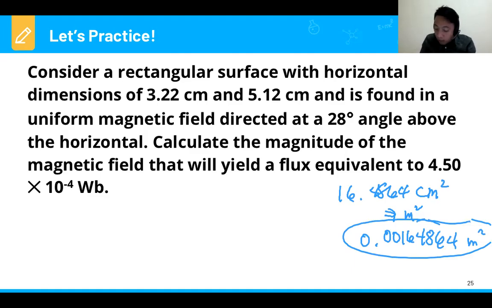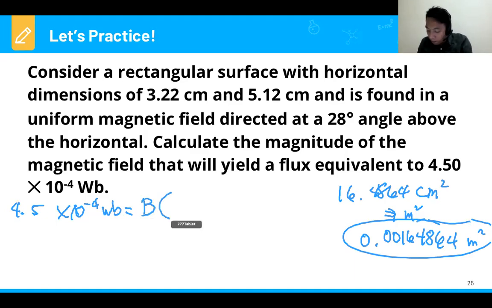We have the electric or magnetic flux, which is given. So I will put 4.5 by 10 negative 4 Wb equals. We have the missing, so I will put the missing magnetic field as B, multiplied by the cosine 28 degrees. Sir, but dito hindi mo kinuha yung complement? Meron bang word na inclined? Wala, di ba?